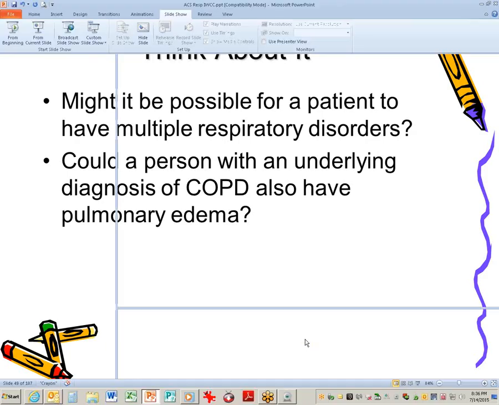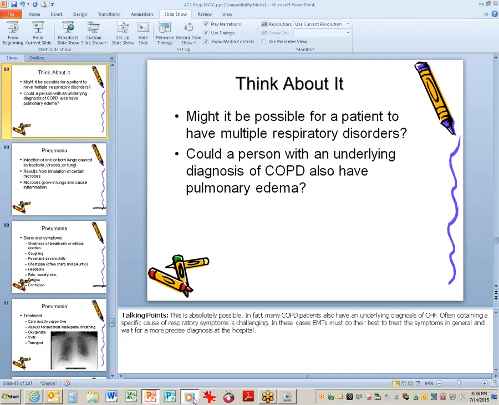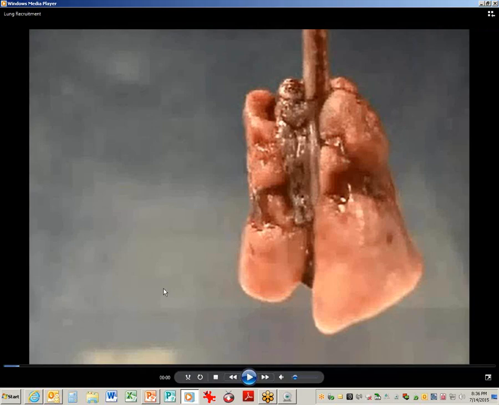Now, I've got a little video to show you the importance of CPAP. And you may have seen this, but this is a bat lung, attached to a ventilation device. And all this collapsed tissue here is called atelectasis. These are alveoli that are collapsed, stuck together, and don't play in gas exchange.